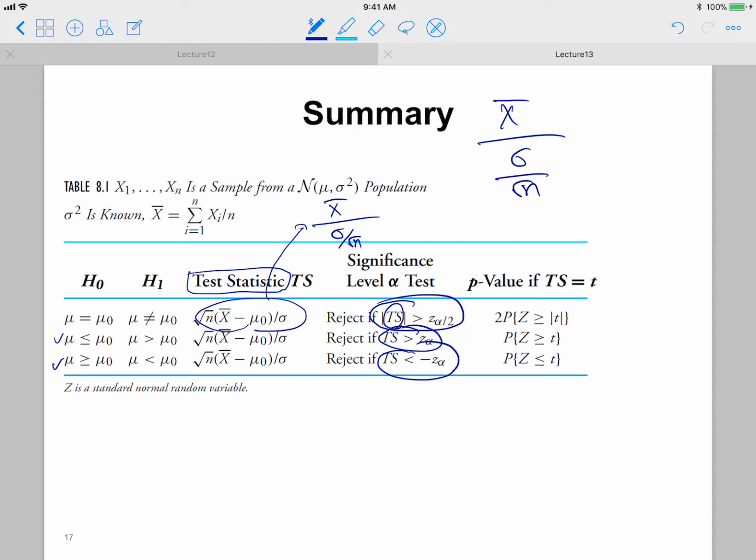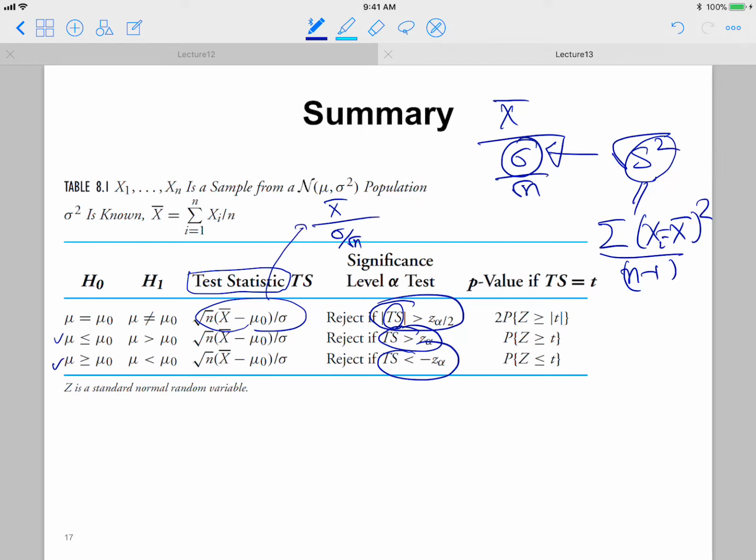So we will use this as our test statistic, right? And then we replace this guy with our sample standard deviation, right? How is it defined? It is like this, right? The sum of x_i minus x bar squared. So this was our sample variance, and the square root of it is the sample standard deviation. So we replace sigma with this.